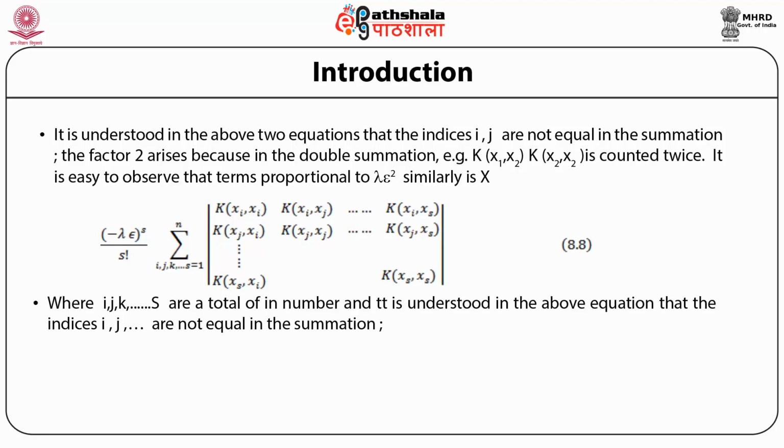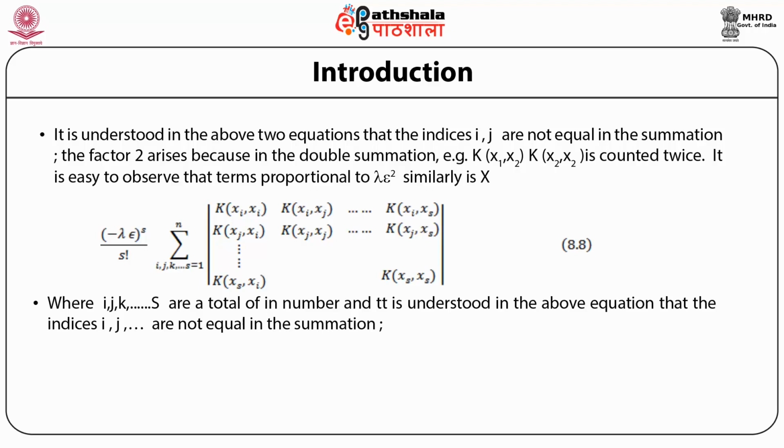It is easy to observe that the terms proportional to lambda epsilon to the power s are similarly minus lambda epsilon to the power s by s factorial, summed over i, j, k, up to s from 1 to n, of a determinant of an s by s matrix whose diagonal elements are k xi xi, k xj xj, k xs xs, and the ith row jth column element will be k xi xj, where i, j, k, s, etc.